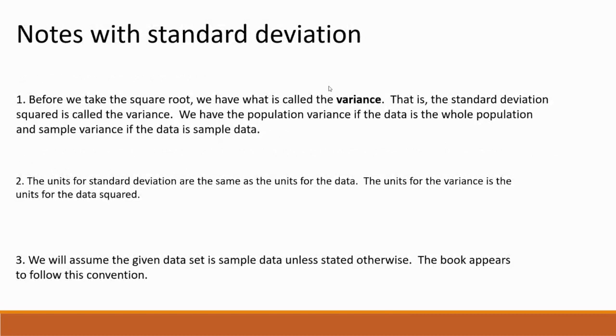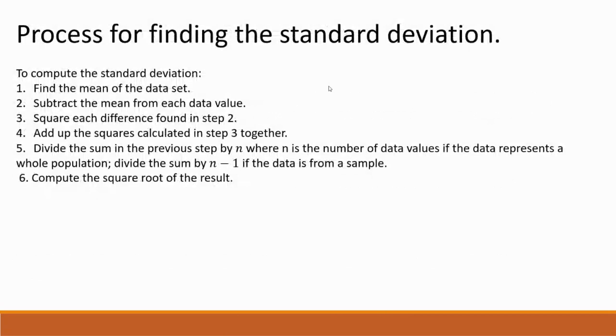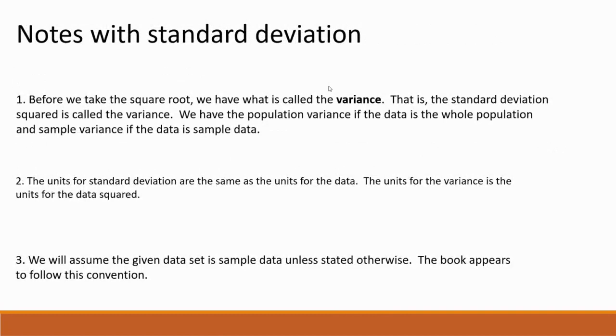Just some notes here I wanted to point out. With the standard deviation, if you actually calculated the first 5 steps only, so you did not take the square root, then you actually have what's called the variance.